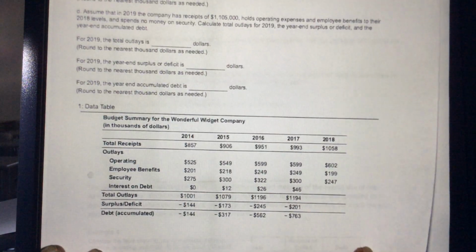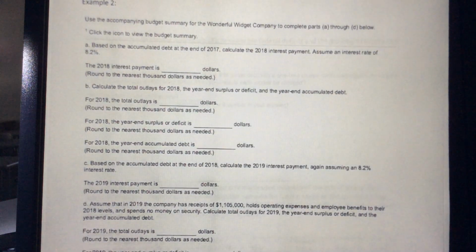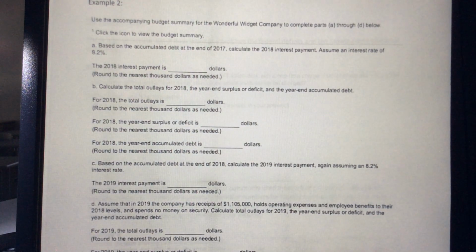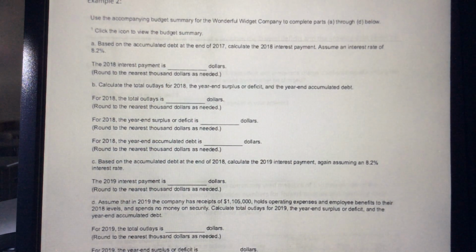Now, here is that data table that we're going to be using to answer parts A through D. Let's start with part A. Based on the accumulated debt at the end of 2017, calculate the 2018 interest payment. Assume an interest rate of 8.2%.